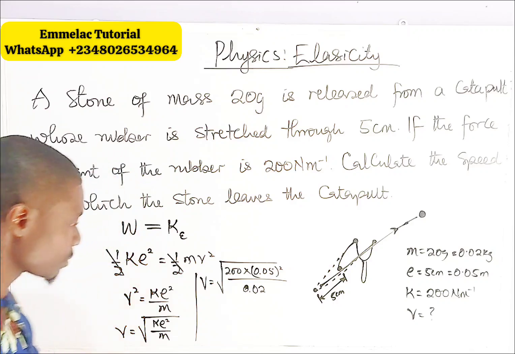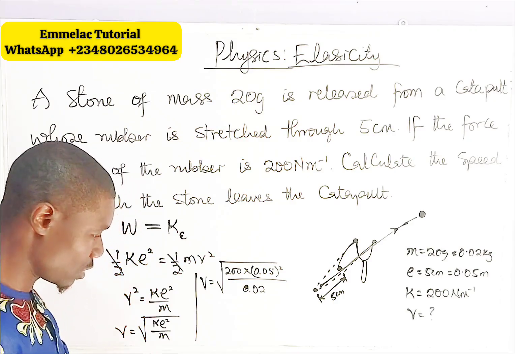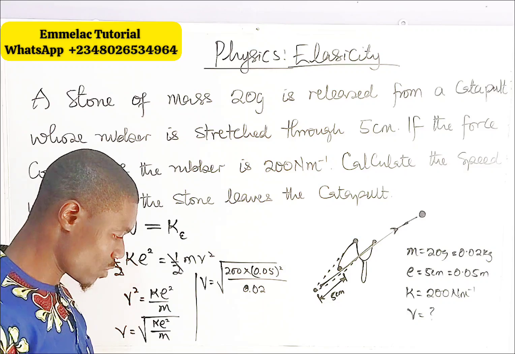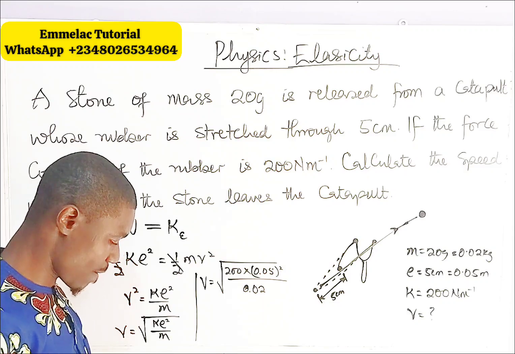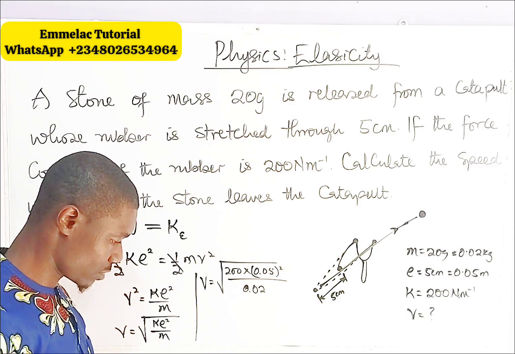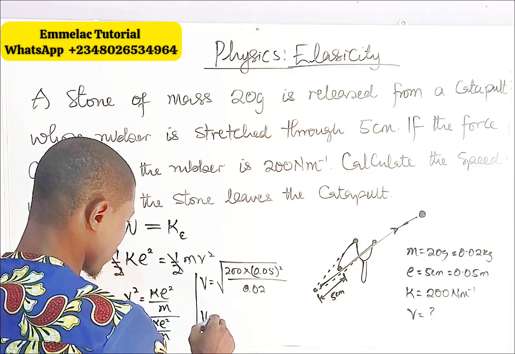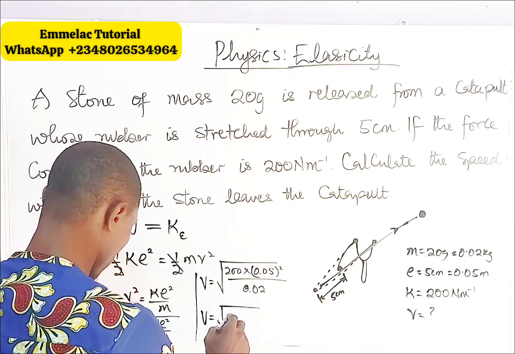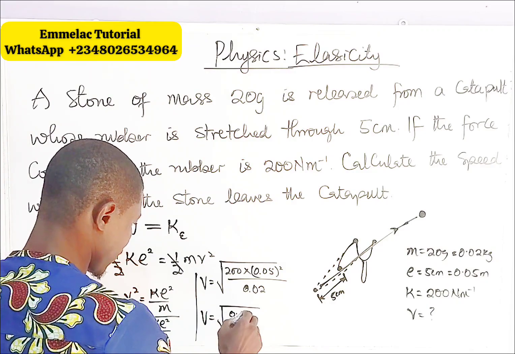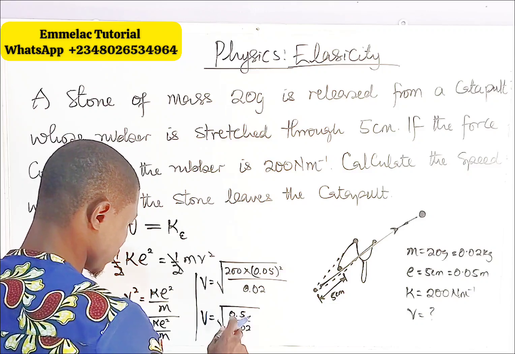Okay, so let's calculate. The numerator first is 200 times 0.05 raised to the power of 2. So it will give us 0.5. So here we have that v equals the square root of 0.5 over 0.02.